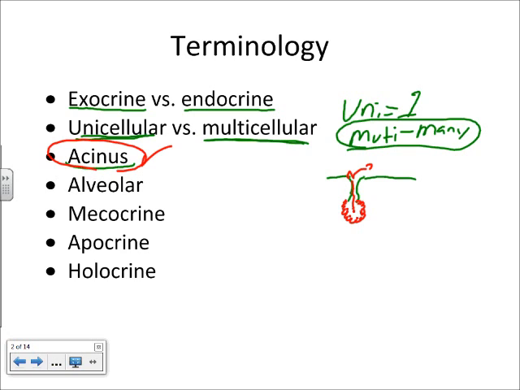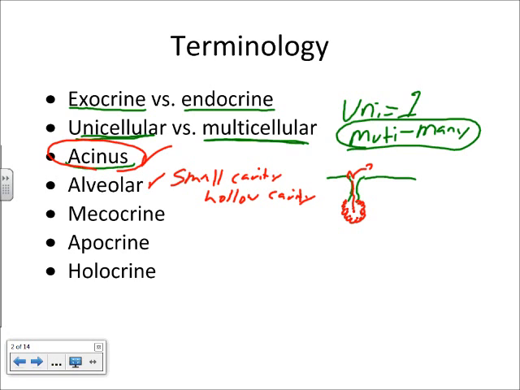Alveolar is a term you're going to run into as we discuss these differences between exocrine glands. Alveolar or alveolus means somewhere along the lines of small cavity or hollow cavity, depending on what book you look at.